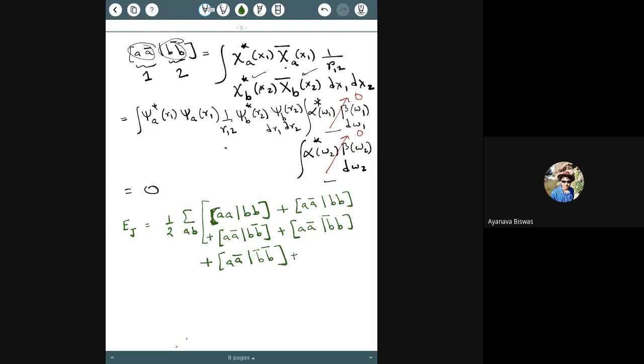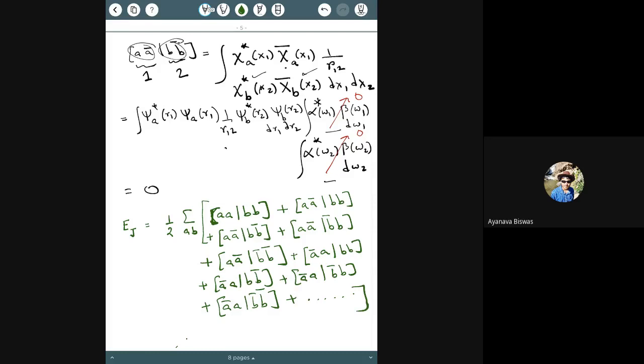There should have been even more. Then you have the same thing with A bar A, BB plus A bar A, BB bar plus A bar A, B bar B plus A bar A, B bar B bar. So you can have many, many of them, and I'm not writing all of them.